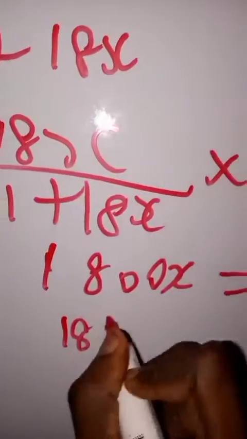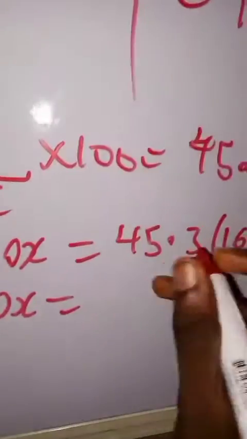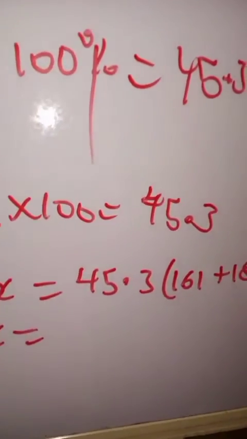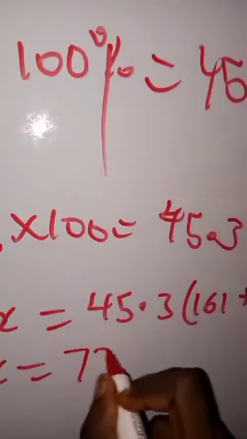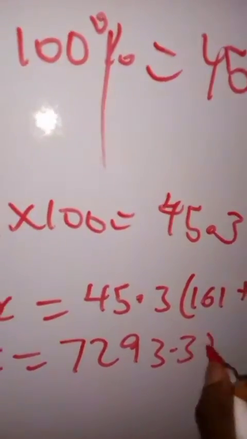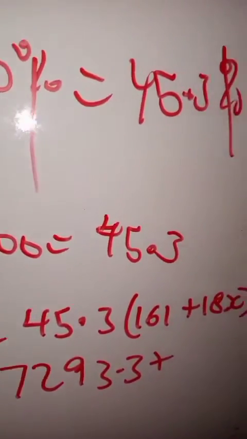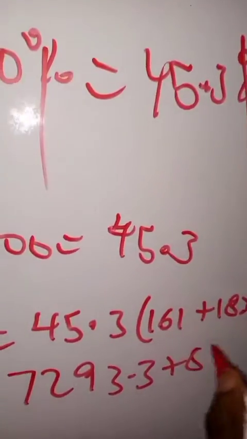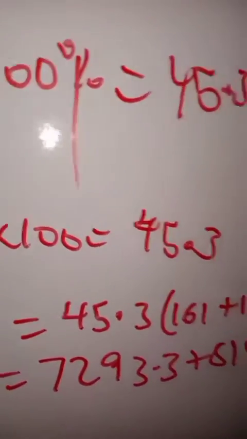So you have 1800x equals 45.3 times 161, that's 7293.3, plus 45.3 times 18x, that's 815.4x.